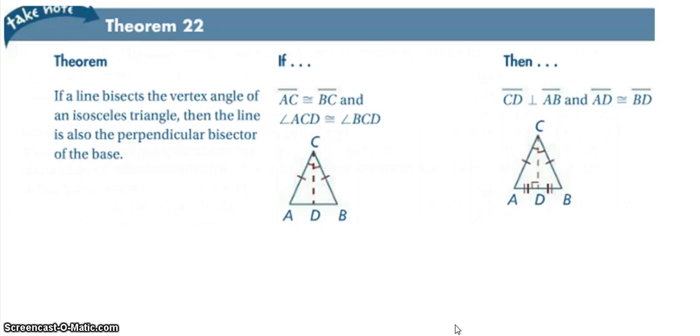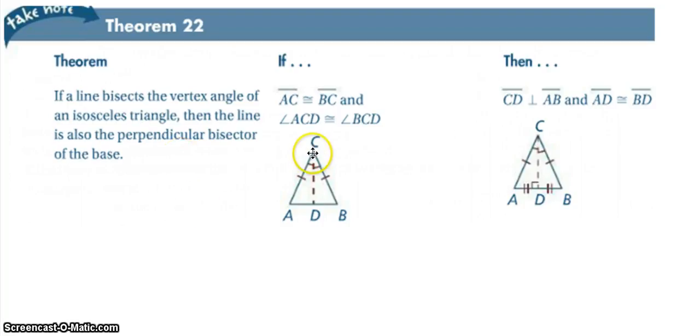We kind of already saw this in our proof of Theorem 20, but here Theorem 22 states that if a line bisects the vertex angle of an isosceles triangle, remember the vertex angle is the angle between my two congruent sides, then that line is also a perpendicular bisector of the base.